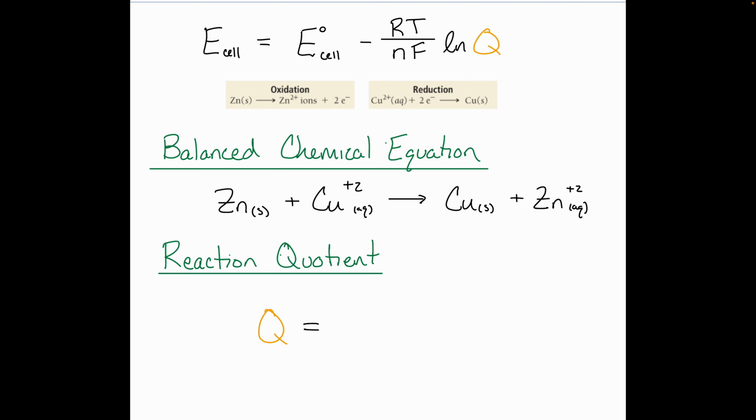How do we build Q? What do we remember? Products over reactants, but be careful, what's not going to appear in this expression here? The solids, right? So it's just going to be my product, those zinc ions, over my reactant, those copper ions.